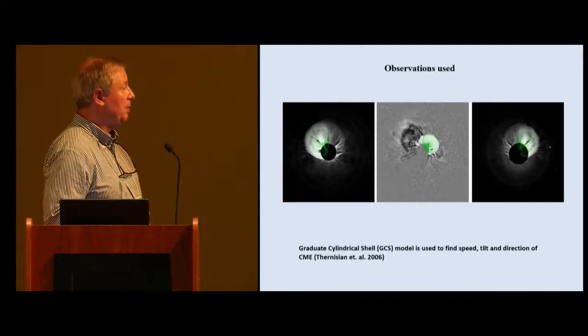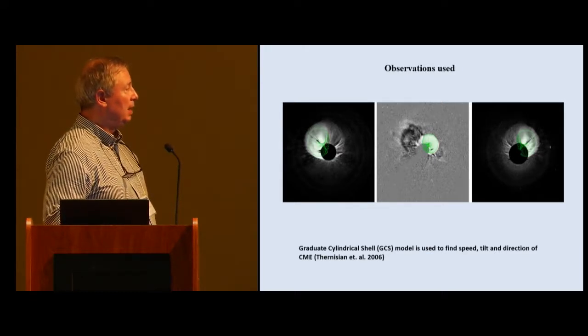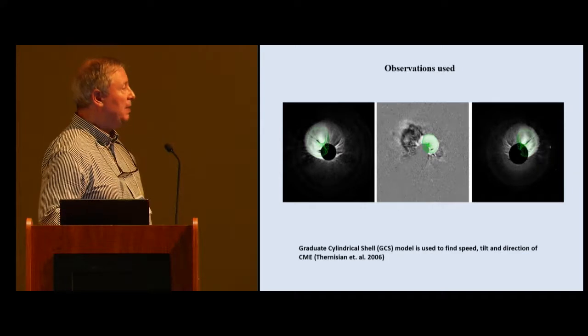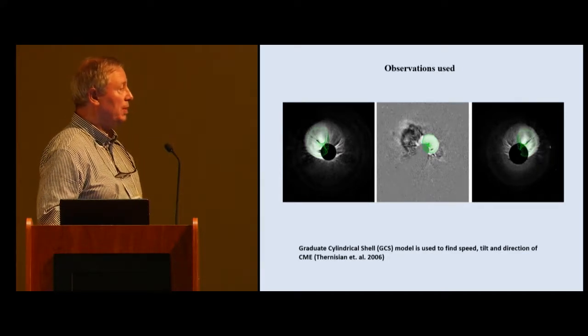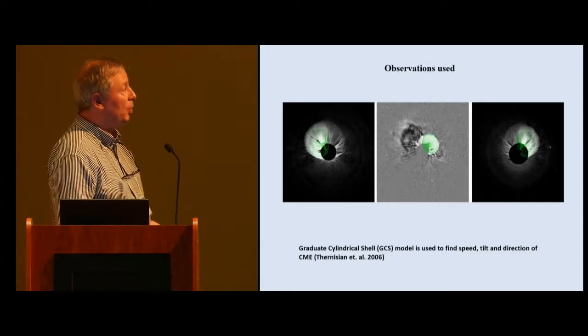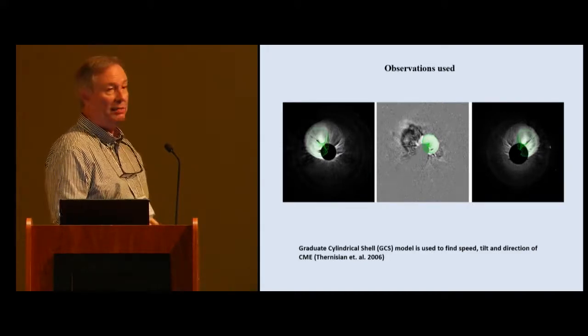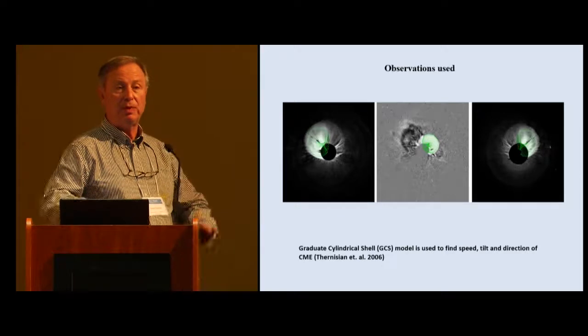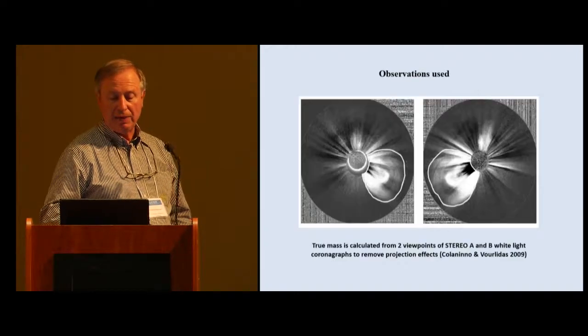Among the observations we use, first of all, we use the graduated cylindrical shell model to find the speed, the tilt, and direction of the coronal mass ejection. These are 3 different viewpoints of the same CME, and we outline it to obtain the shape and velocity.